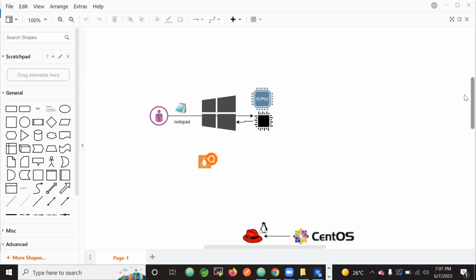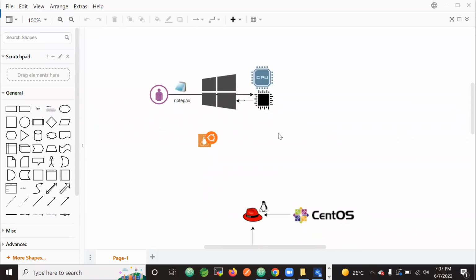In order to work with these hardware resources, we are the user, and this user requires access to the applications installed on this hardware.